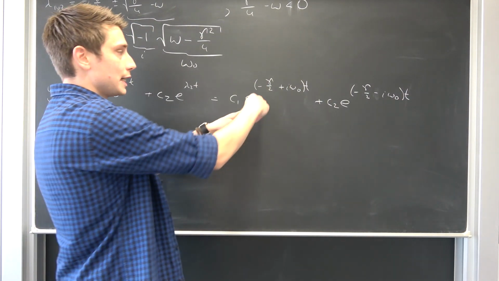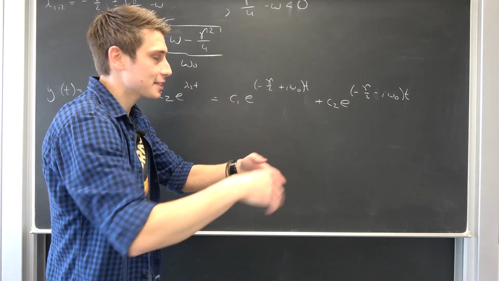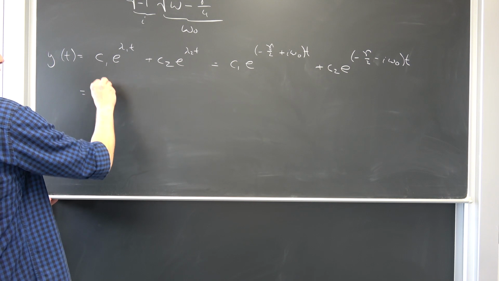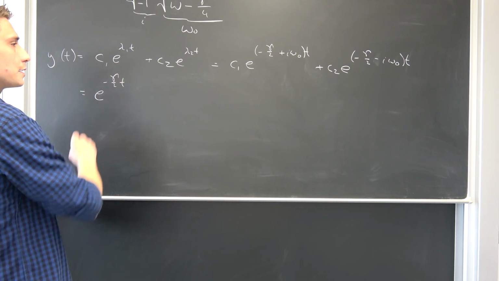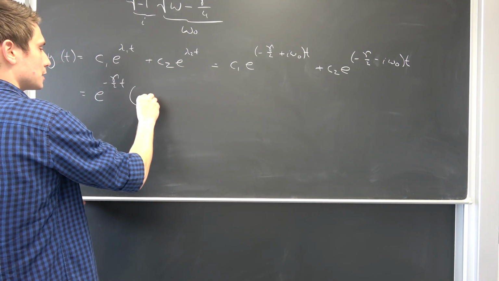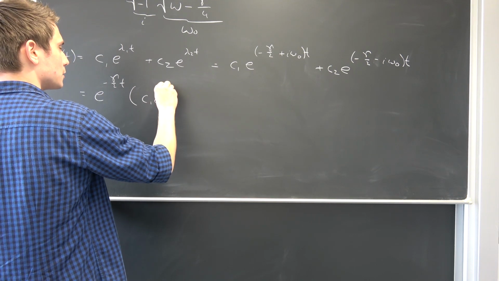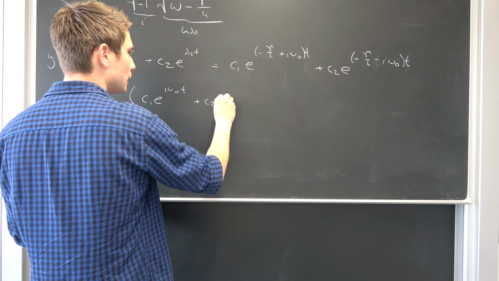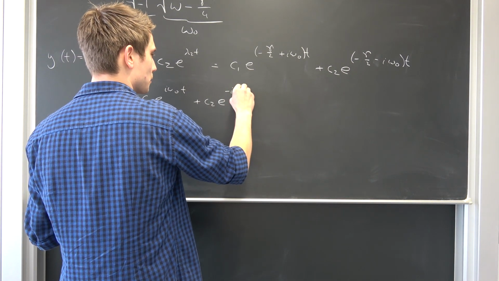Once again, we are going to get this damping factor as a common factor. That's a cool thing that you are going to get all the time. So this is going to give us e to the negative gamma over 2 times t, and then we are going to get C1 e to the I omega naught times t plus C2 e to the negative I times omega naught times t.